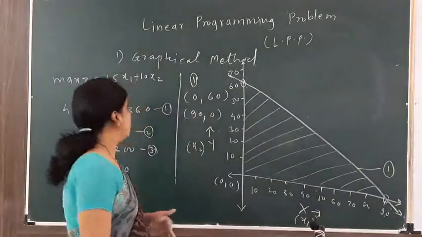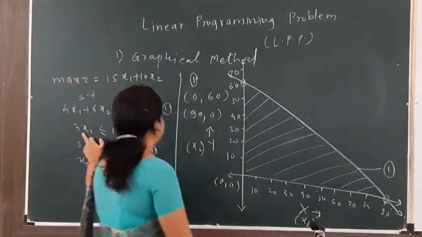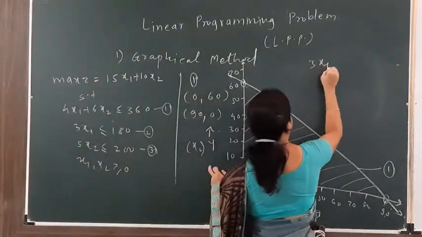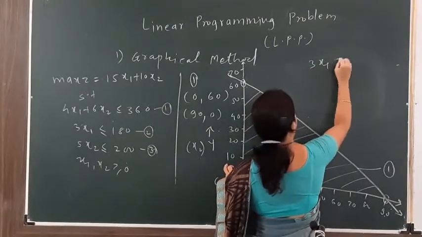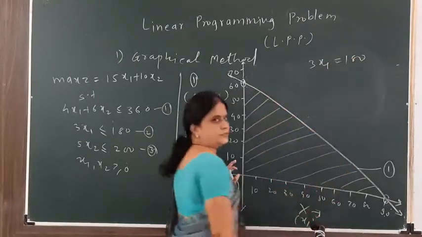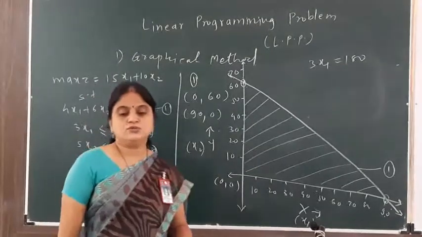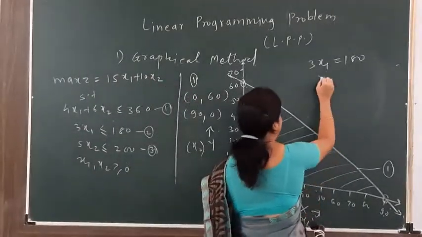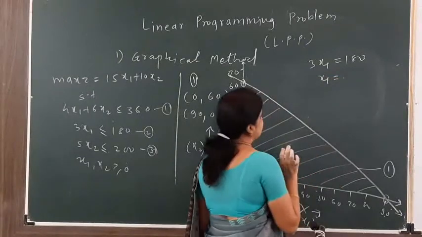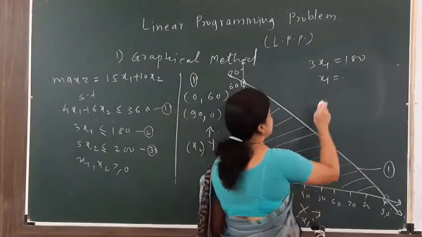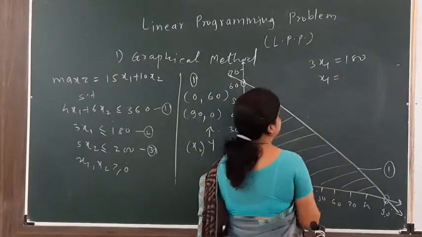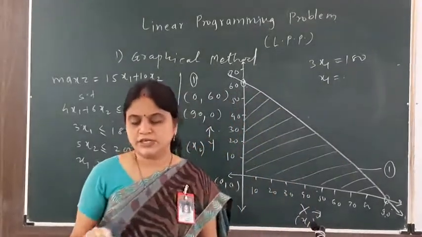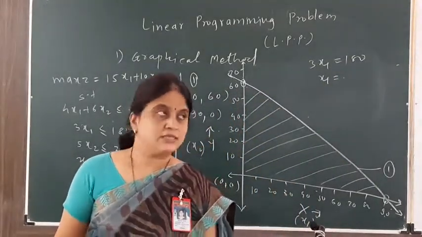Fine. Now what about the second equation? My second equation is this. So let me consider this as 3x1 is equal to 180. Okay. 3x1 is equal to 180. So actually we cannot put any value of x2. The value of x1 is strictly 180 divided by 3. So 180 divided by 3 gives me the answer as 60.